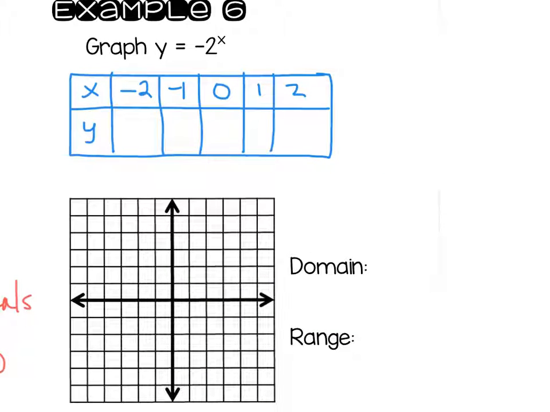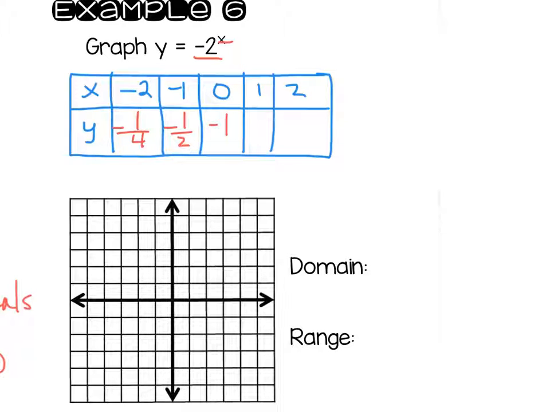Okay, and then for example 6 for exponentials, we're going to take negative 2 and raise it to the x power. So negative 2 raised to the negative 2 power is going to give us a negative 1/4. Negative 2 raised to the negative 1 is going to give us negative 1/2. Negative 2 raised to the 0 power is just going to be a negative 1.